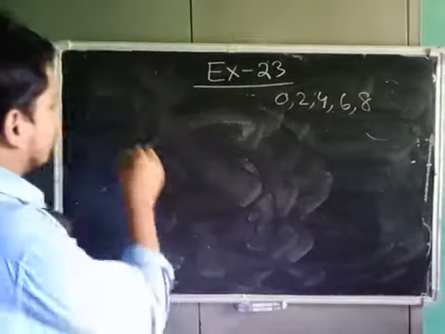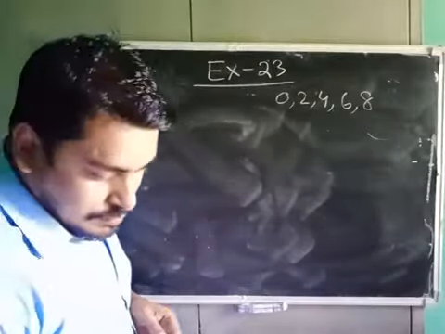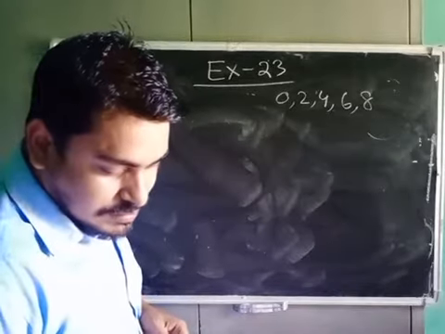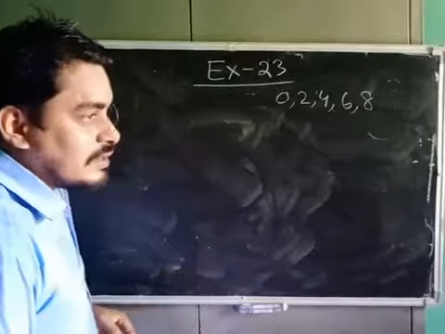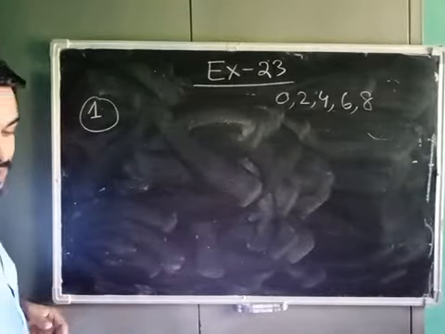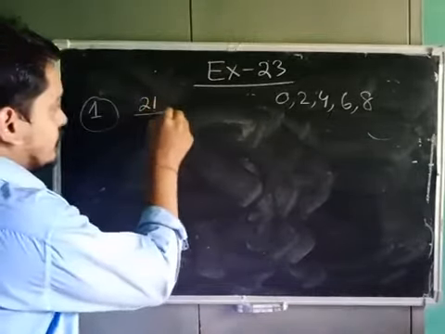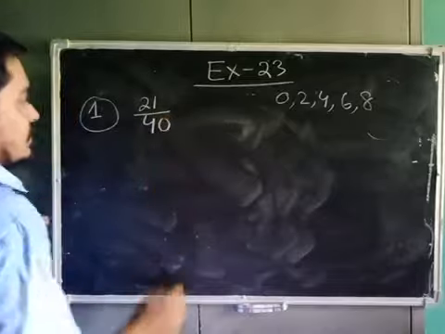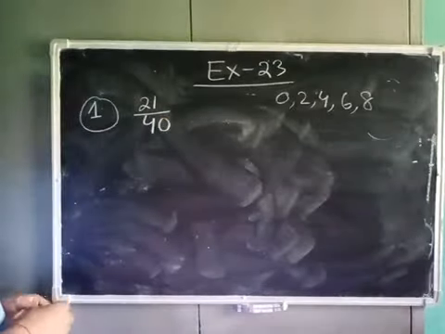The question number 1, you see, which of the following fractions are in simplest form? That means some fractions are given there and you have to tell which are already given in simplest form and which are not given in simplest form. Understand? So let us check the first one, 21 by 40. Just think, is there any number which can divide both the numbers?